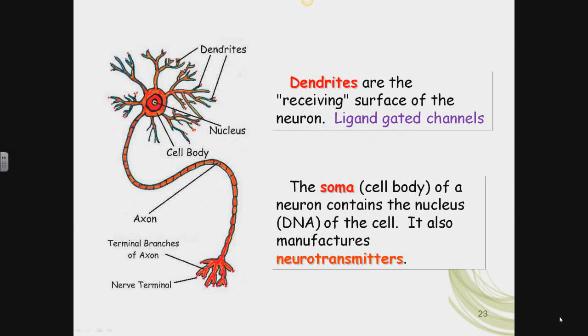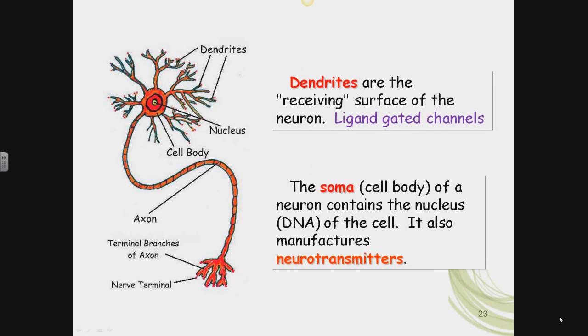The soma is going to do a lot of jobs for a neuron. It contains the nucleus, so therefore there will be a lot of gene expression. And the soma is going to be responsible in most neurons to manufacture neurotransmitters. These are chemical signals.